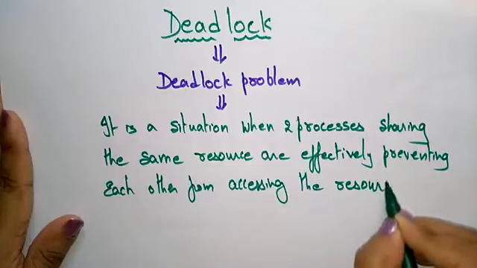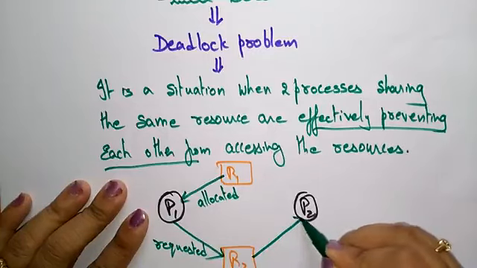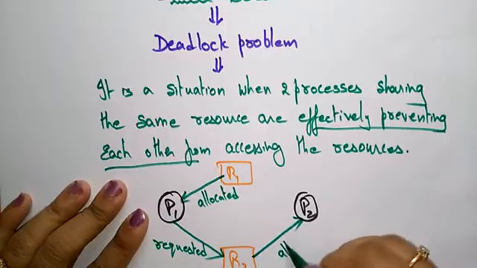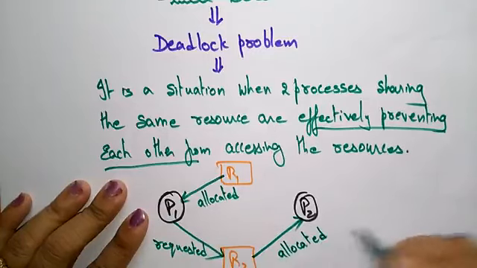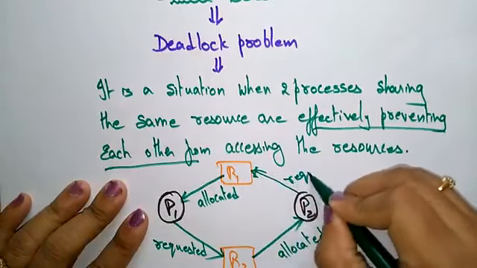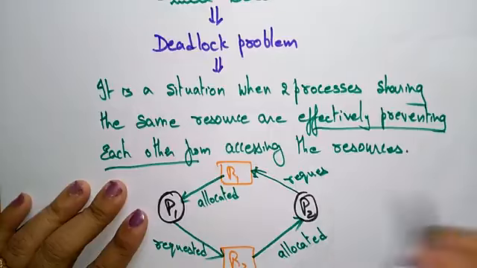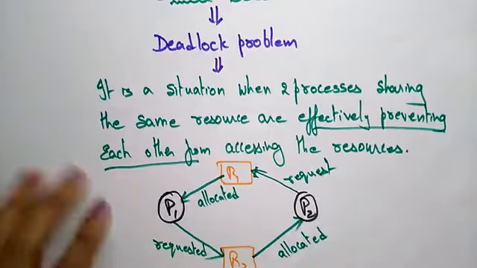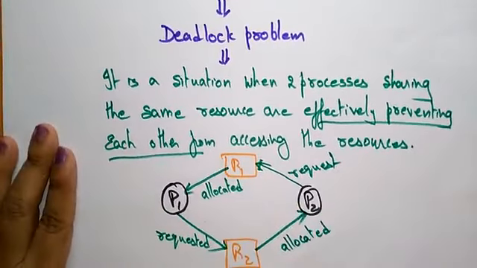But P1 is requesting R2 resource. And on this side, R2 resource is already allocated to P2, and P2 is requesting R1 resource. This state you call a deadlock.